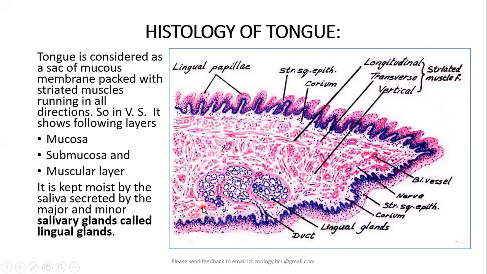So thereby in the vertical section, we will be able to clearly see the outermost layer of stratified epithelium called mucosa, below which a very thin layer of connective tissue forming lamina propria or submucosa, and of course a lot of muscles in the muscular layer. And the tongue is always kept moist by the saliva secreted by the major and minor salivary glands called lingual glands.